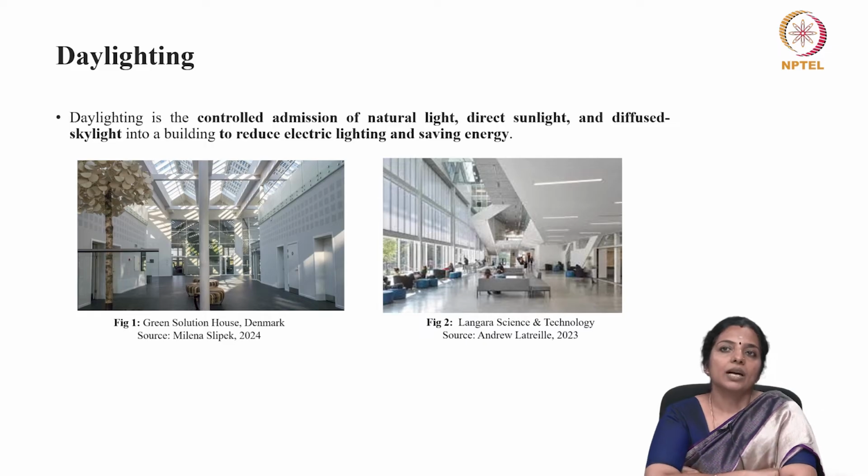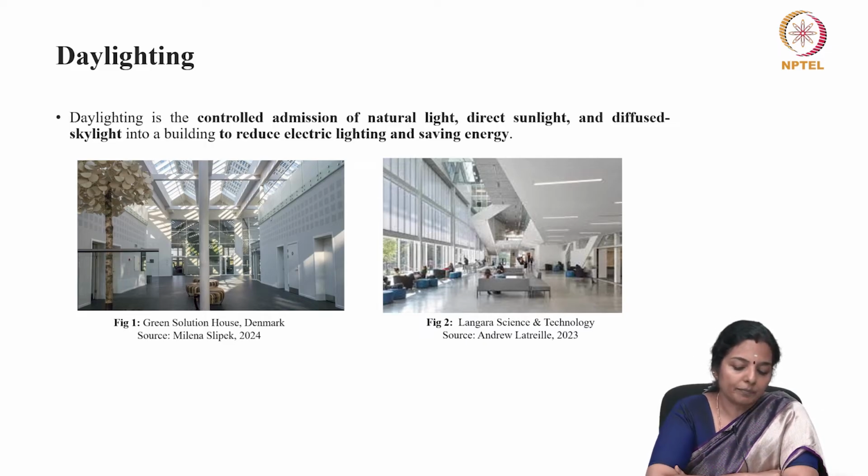Now, here in this picture, you can see how natural daylight comes into the building's lobby. This building is a green solution house and a conference center and hotel located in Denmark. The building was created with a focus on providing environmentally friendly solutions, including daylight.